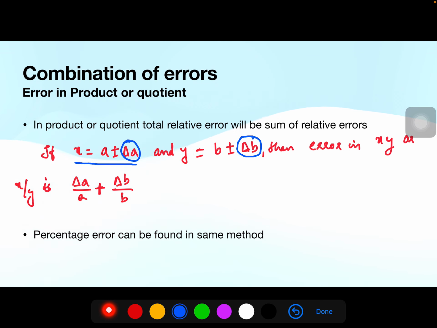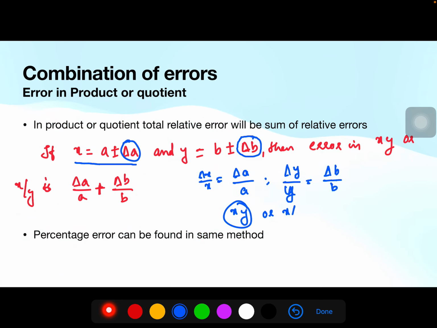Then the relative error of measurement x is delta x by x, which is nothing but delta A by A. Similarly, the relative error of measurement in y is delta y by y, which is nothing but delta B by B. So if you are multiplying x with y or dividing x by y, in both cases the result will have a relative error equal to delta A by A plus delta B by B.